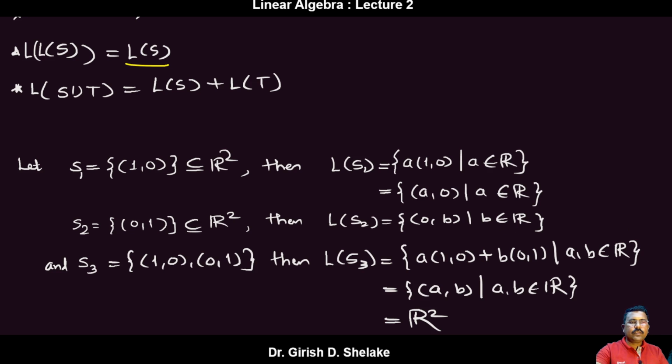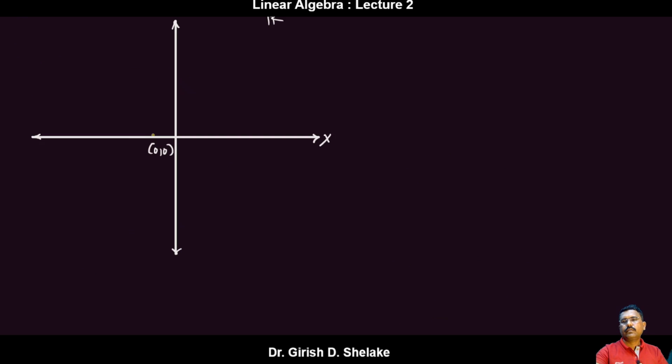And now if we consider S3, which contains two elements, one is (1, 0) and the second one is (0, 1), then its span is a times (1, 0) plus b times (0, 1) such that a, b belong to R. It means it is the ordered pairs (a, b) such that a, b belong to R, and obviously this must be equal to R2.